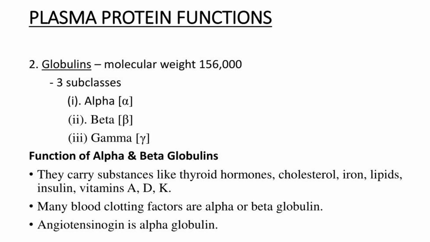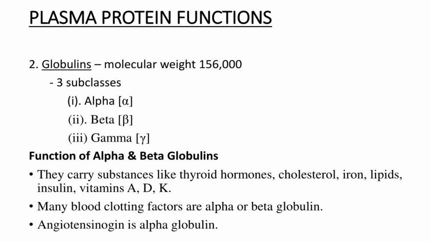This slide is simply the recall of the previous one, that globulins are mainly classified into three classes, that is alpha, beta, and gamma. And their molecular weight is approximately 156,000 daltons. Alpha and the beta globulins are synthesized by the liver, and mainly they are involved in the transport function.